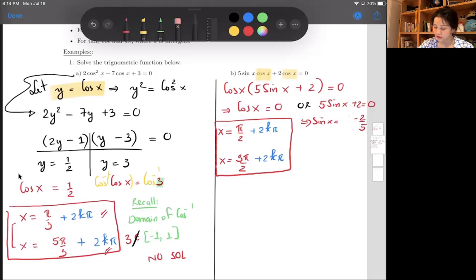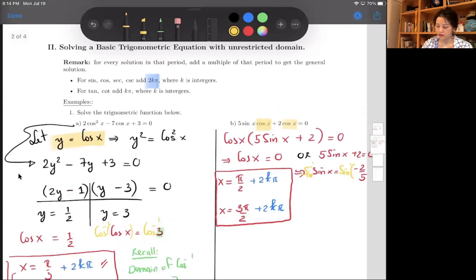Move this one to the right a little bit. Okay, so now I'm going to add sine inverse to both sides. Sine inverse, sine inverse. Okay. All right.